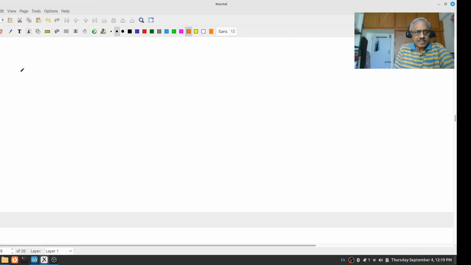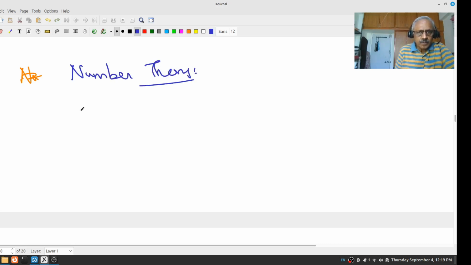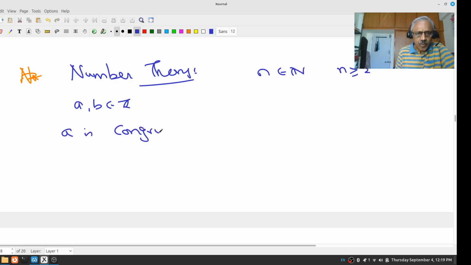So, number theory. Let me use a different color now. If I give a and b in Z, and as usual n is a natural number greater than or equal to 2, we say a is congruent to b modulo n if n divides a minus b.